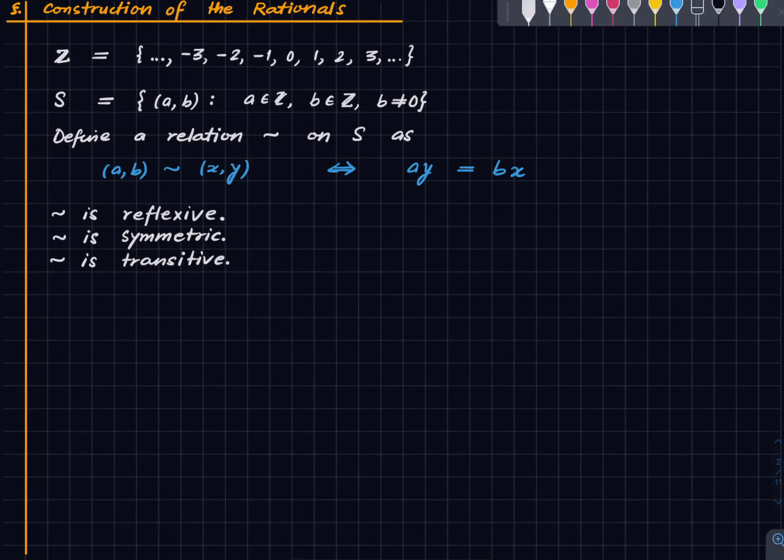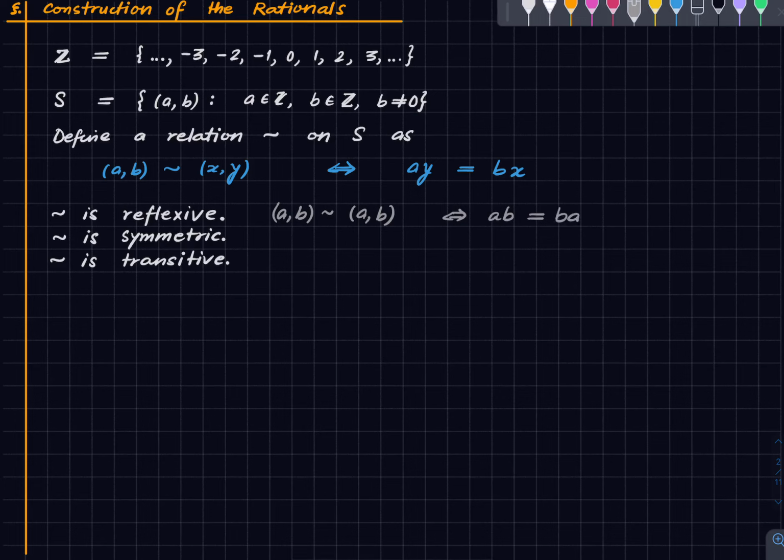So if you know about equivalence relations, which I assume you do, you would face no trouble checking all this. But let me write one line about each of them. Reflexivity asks you to check that (a, b) ~ (a, b) for all (a, b) in S. But this is of course equivalent to checking ab equals ab, or ba if you want to write it that way, but of course that is true.